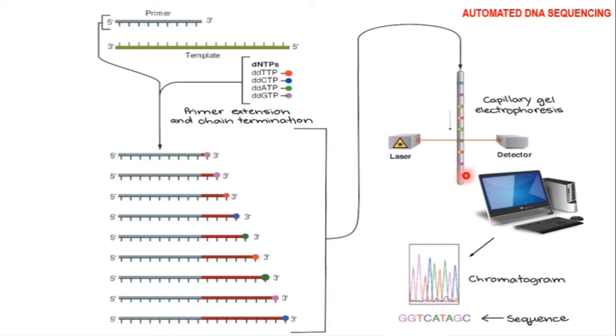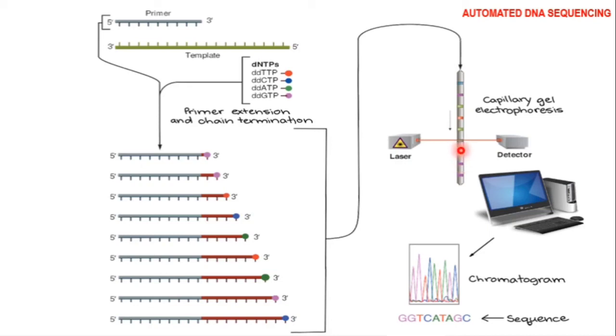So here ddGTP, guanine, is terminated, so it gives violet color when laser light is passed through this. And here also violet color, so ddGTP is here.